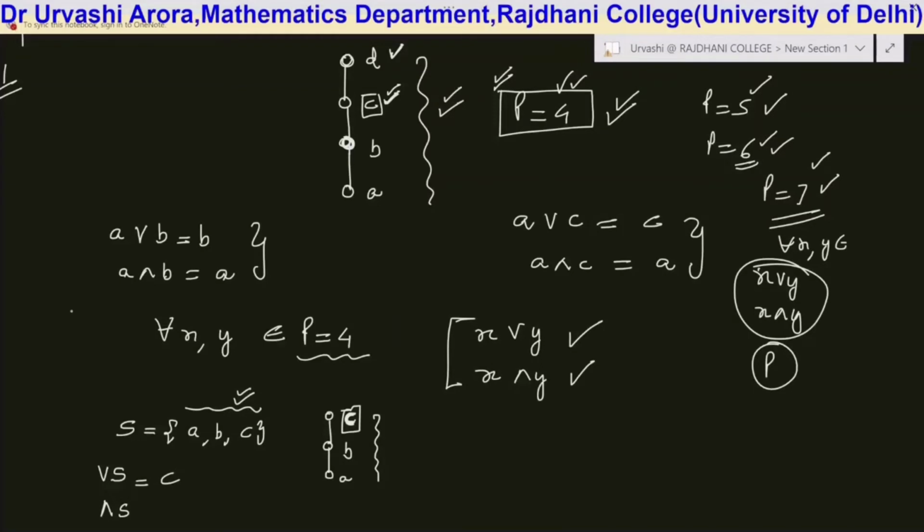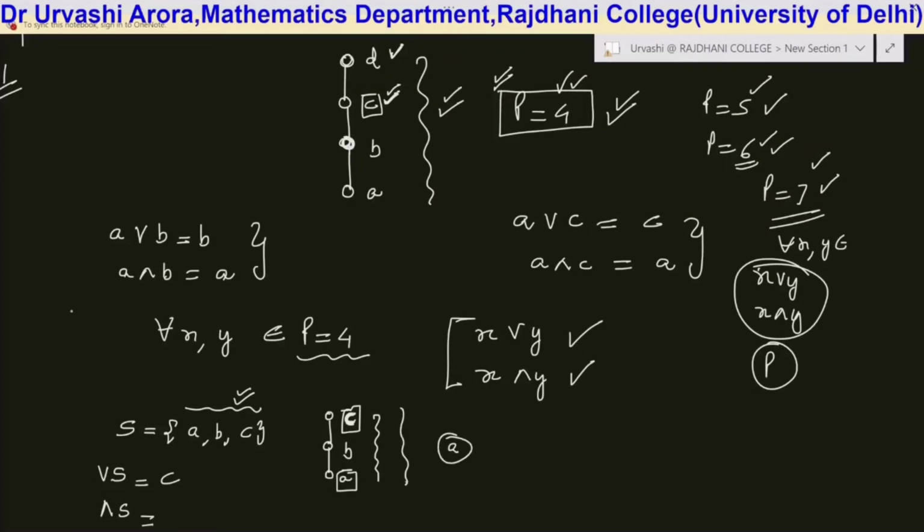Again, by a similar argument, if we try to find the meet of S, the meet of S is the infimum of S, or the greatest lower bound of S. The greatest lower bound of S will of course be A, because A is that element of the poset P which is smaller than all the 3 elements.